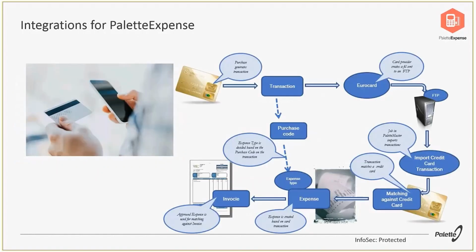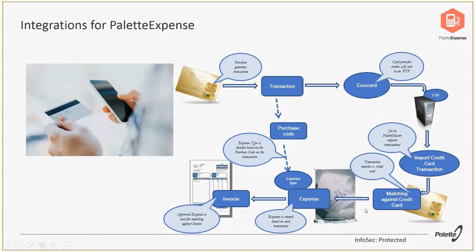This is the integration of credit card transactions. Whenever I'm using my credit card, corporate or private company card, a transaction will be created, and that will be sent into our system, and then we will connect that transaction to a registered credit card within our system.